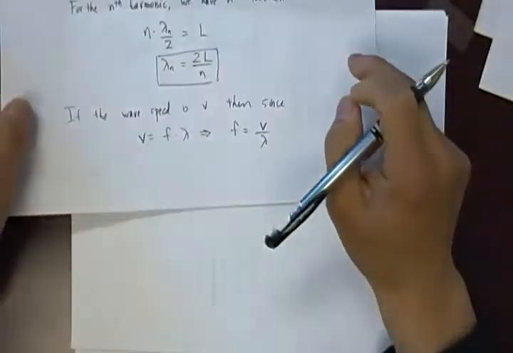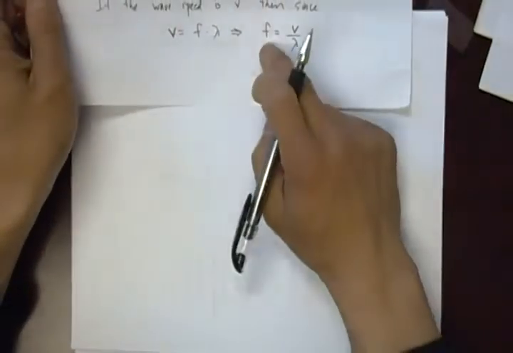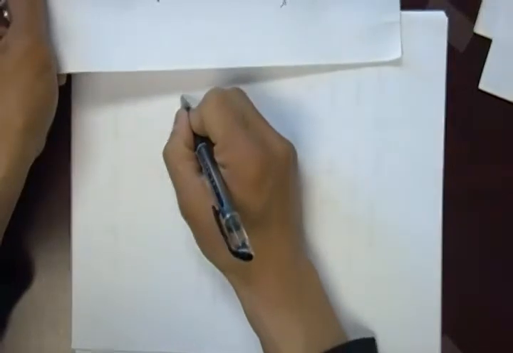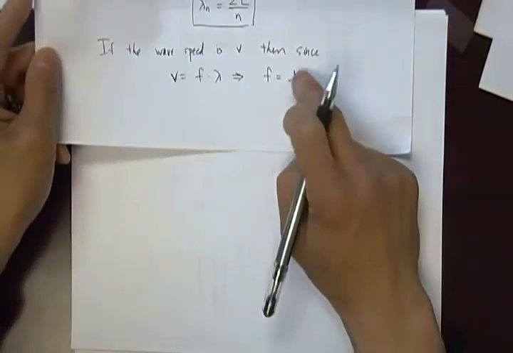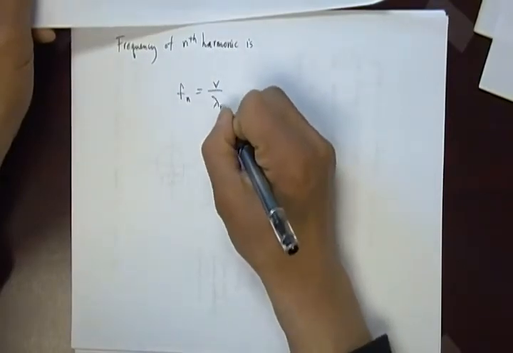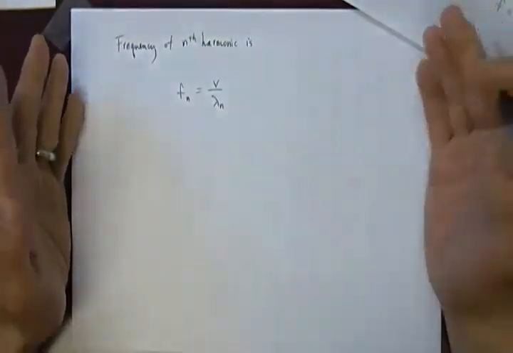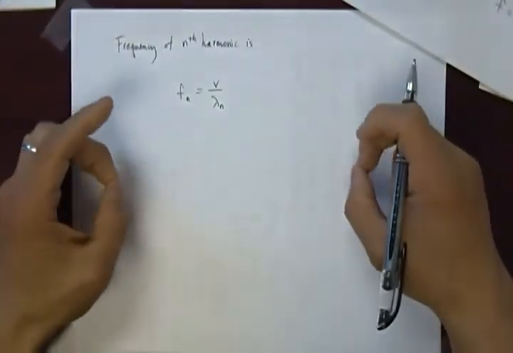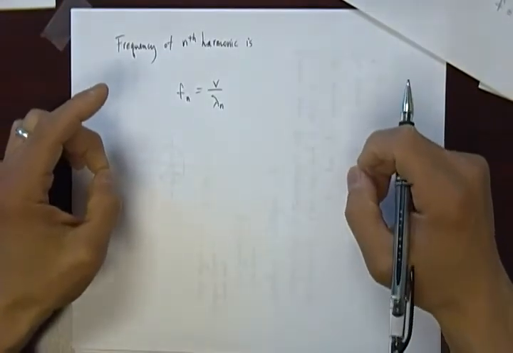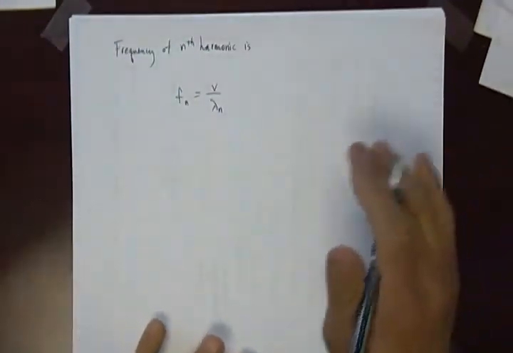We have 2L over n was lambda n, and Fn is the frequency for the nth harmonic, and that must be the wave speed divided by lambda n. By the way, this wave speed is just a property of the tension in the string and the mass per unit length. That's what we did in the beginning of the lecture. So V is not changing with harmonic.